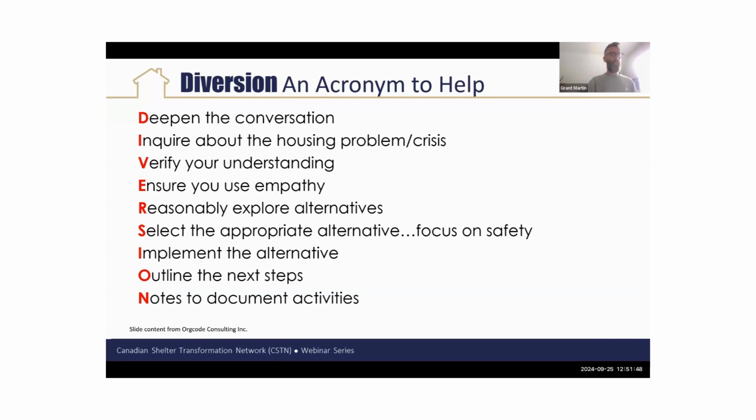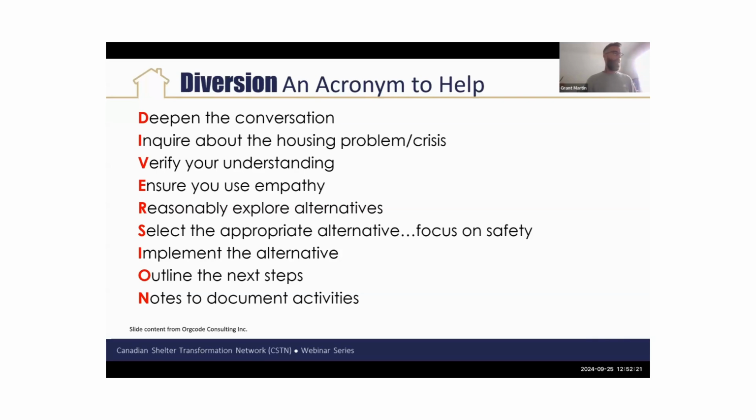And then you might find that there are very relevant follow-up questions that you want to ask that aren't necessarily included in any job aid. So we're encouraged to recognize that the job aids that are developed are just that, aids and guideposts, but they don't force or constrict you to just those questions if you feel like there are other relevant questions that could be asked to help with your diversion strategy.